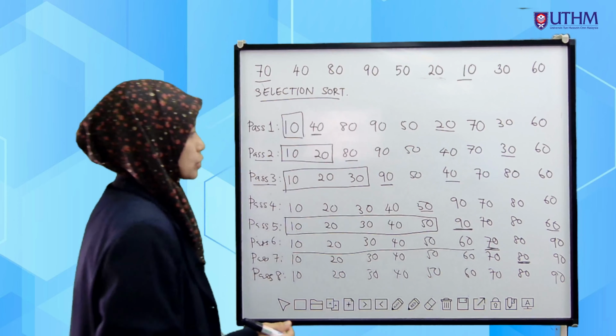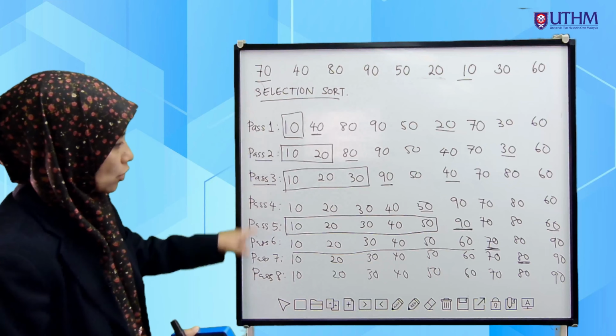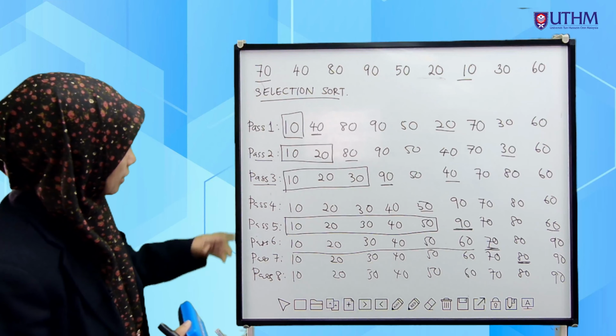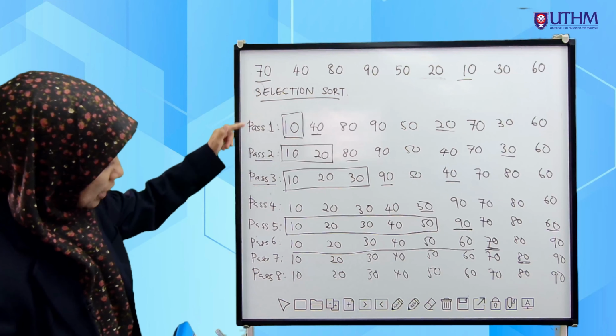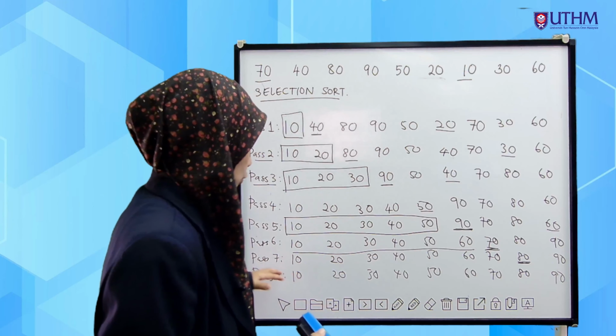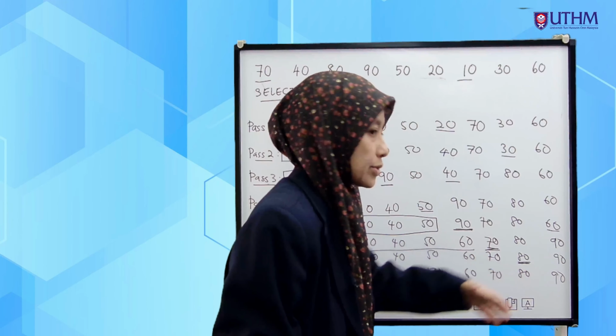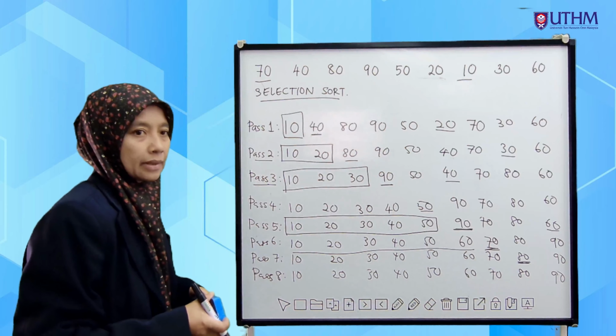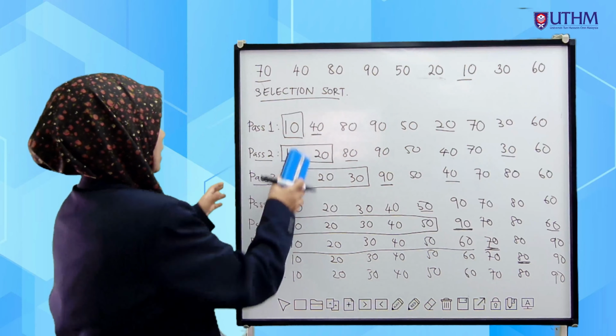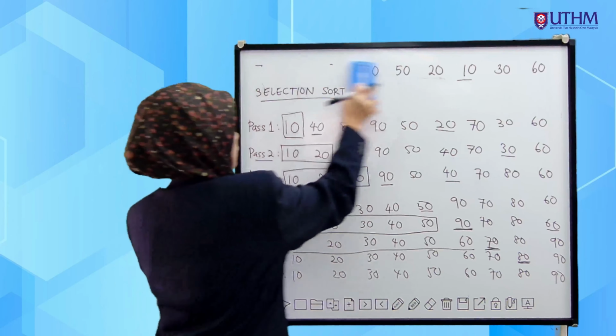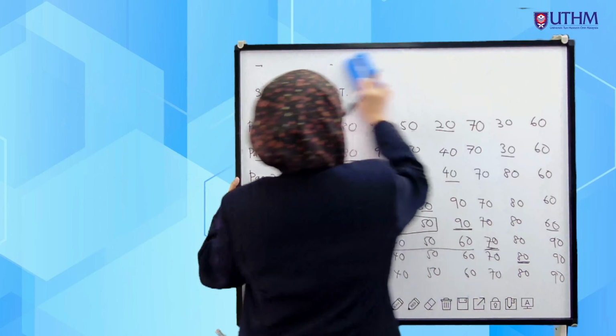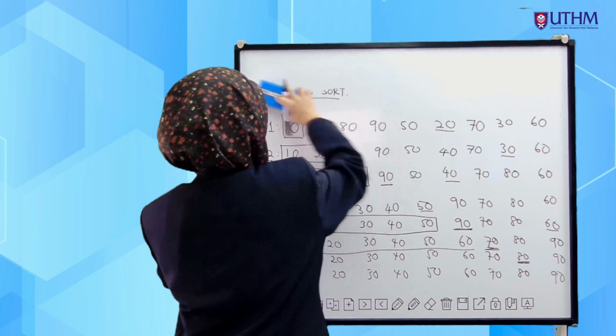Eventually, using selection sort, you achieve the goal of sorting all of the values in ascending order. Now let us try another example.